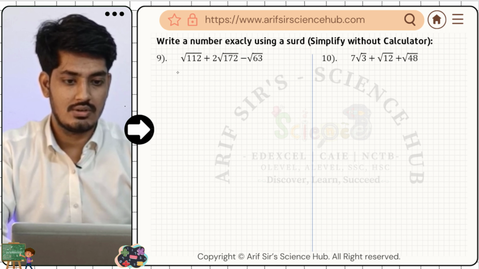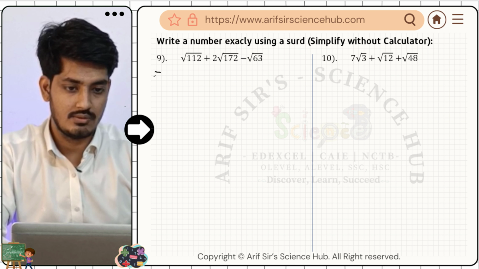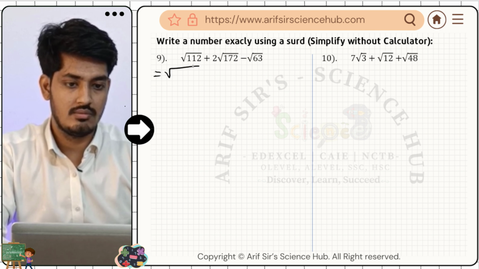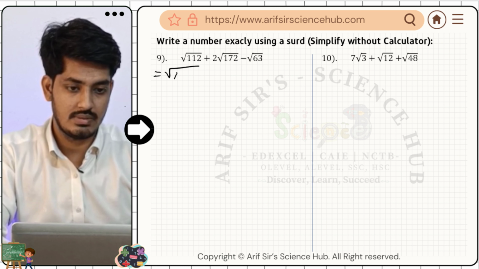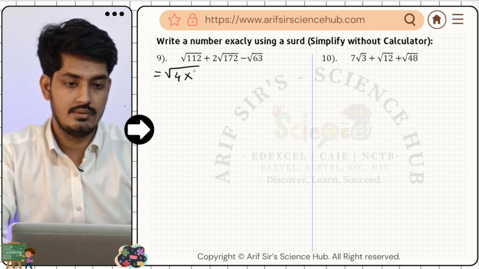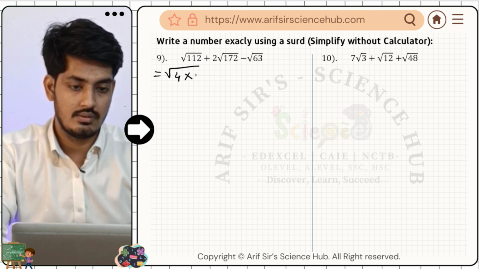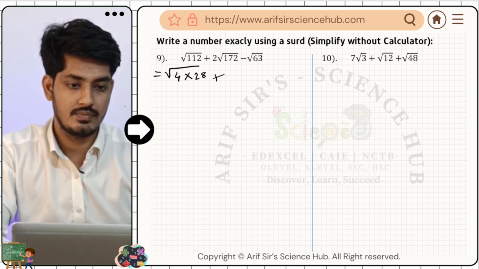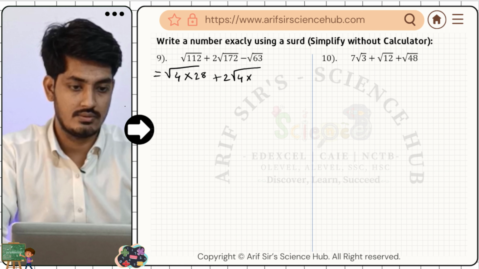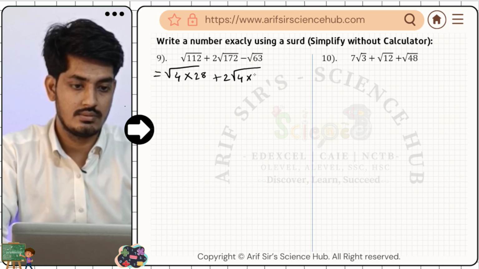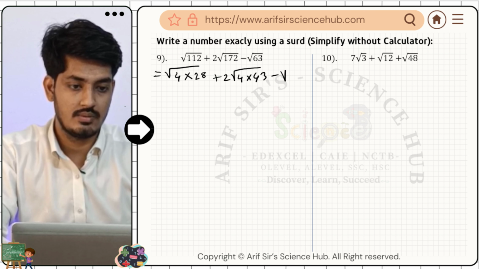Okay, now we can solve these equations. We can easily write 112. We can divide it by 4. That means 4 into 28, plus we can divide this 172 by 4, so it should be 43, minus 9 into 7.